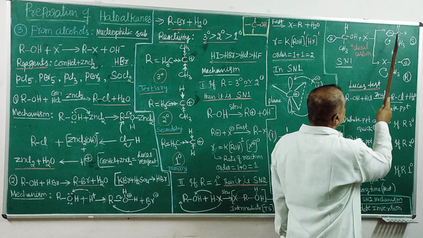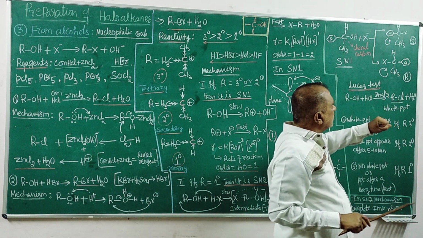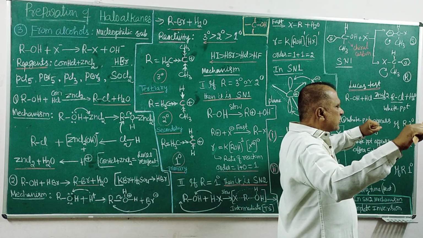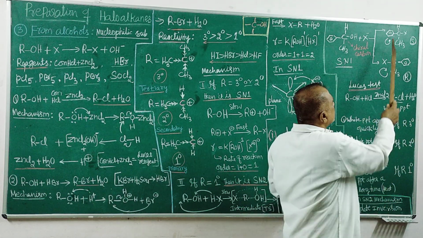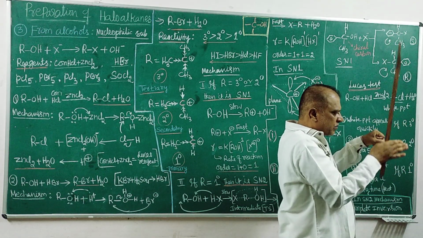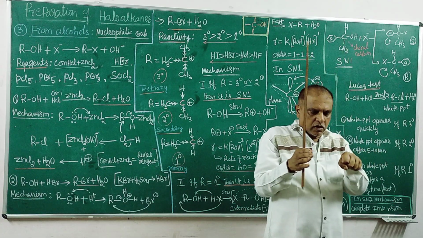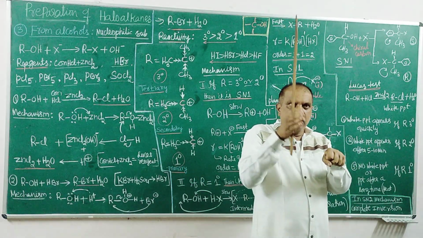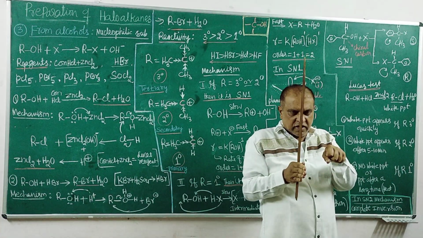Accordingly, when you hold this bond at the back side, the remaining three groups are oriented in three different directions in space, and almost two of these positions are in the same plane. If you hold the hydrogen like this, the remaining groups lie in the same plane.